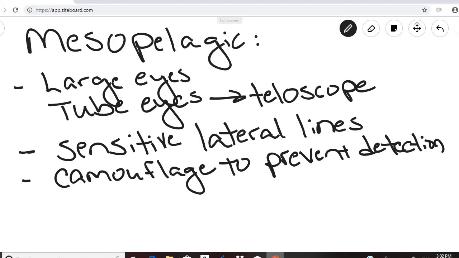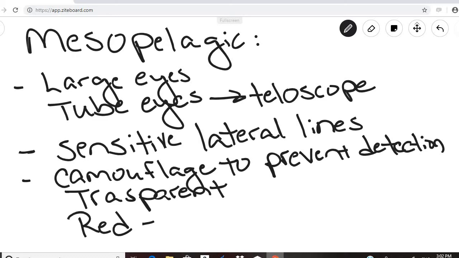And then often some of them are just transparent, so they have very little color to them, so that they can't be seen by predators, and some are red. Red light doesn't penetrate water very well. So if there's no red light there, then red light off the fish is not going to be reflected, so they can't be seen.